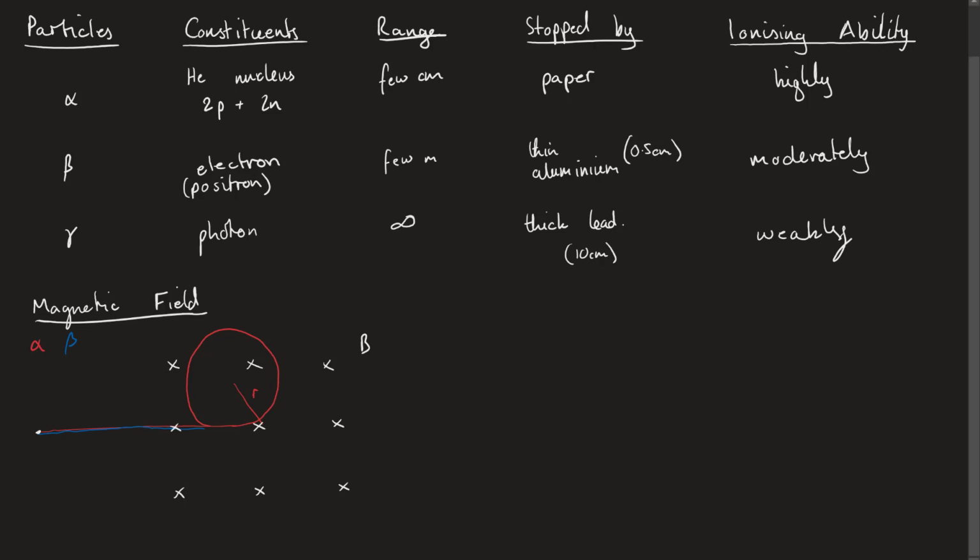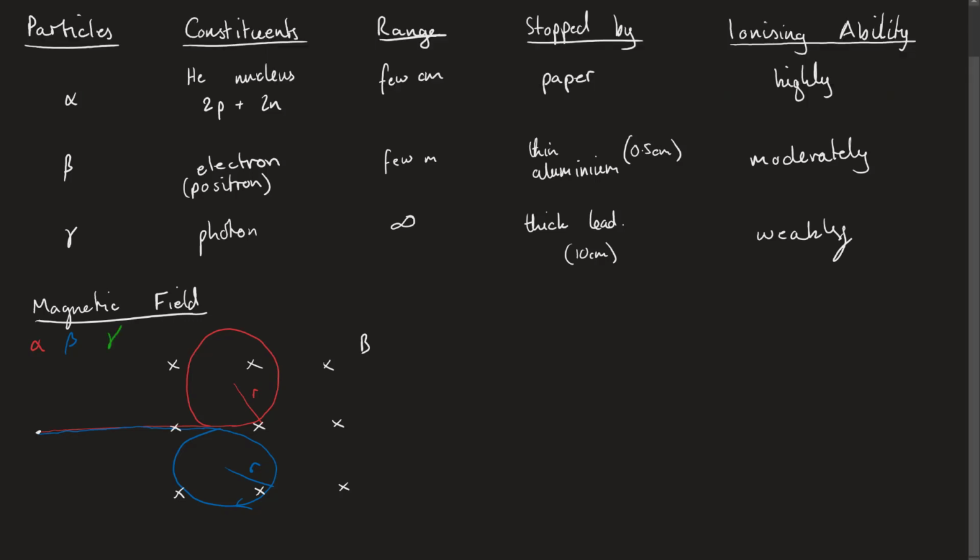And we know that if it's negative, then our current is traveling in the opposite direction, which means our force is going to be in the opposite direction. So we end up with a force coming down like this. So the alpha particle will go in one direction, and the beta particle will come around in the other direction. Then the final thing we can look at is the gamma particle.